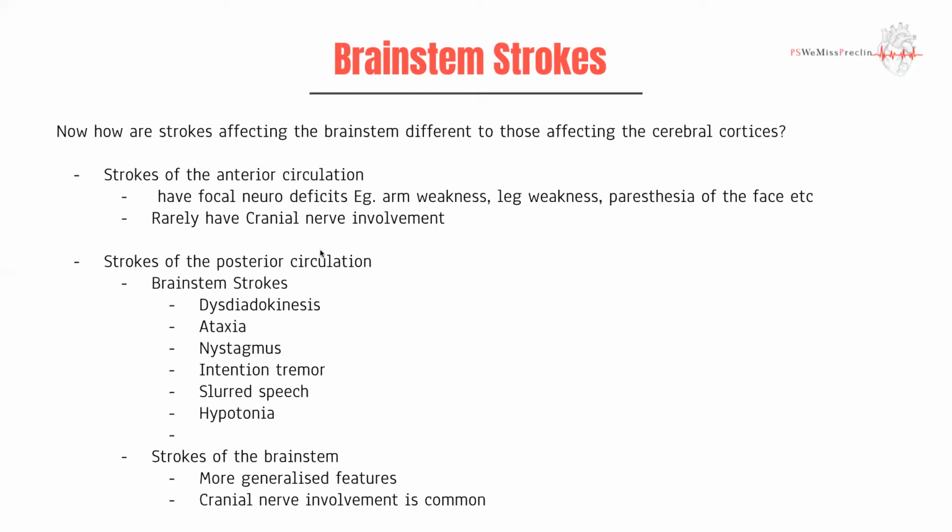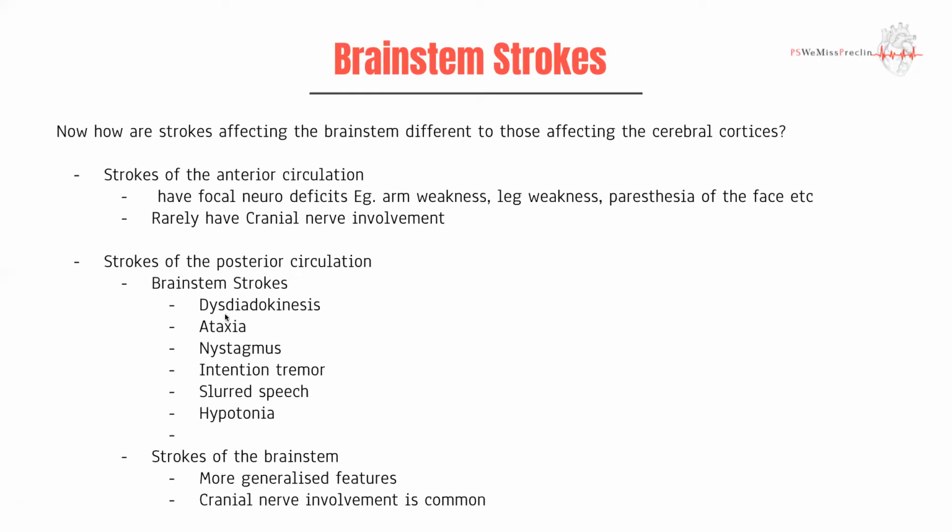With posterior circulation strokes, you might lose your vision because you're affecting the occipital cortex, but you mostly would have errors with your cerebellum. And that is represented by the Danish acronym, so DANISH.